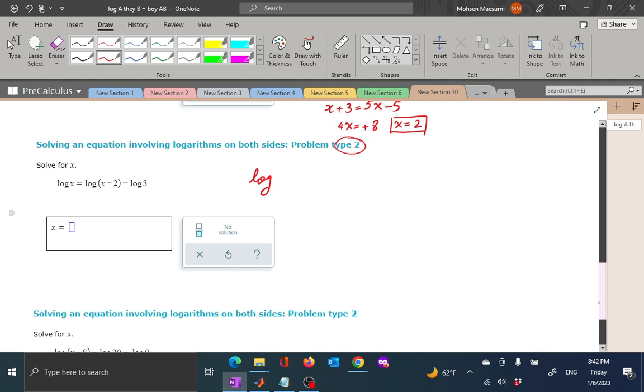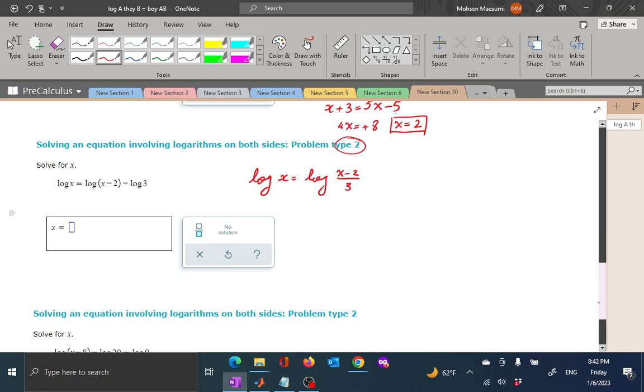Well, let me restate. You can approach this problem multiple ways. For example, you can say logarithm of x is equal to logarithm of, combine these two, x minus 2 over 3. You could have also brought 2 of them to one side, or all of them to one side. All of them gives you the same answer.